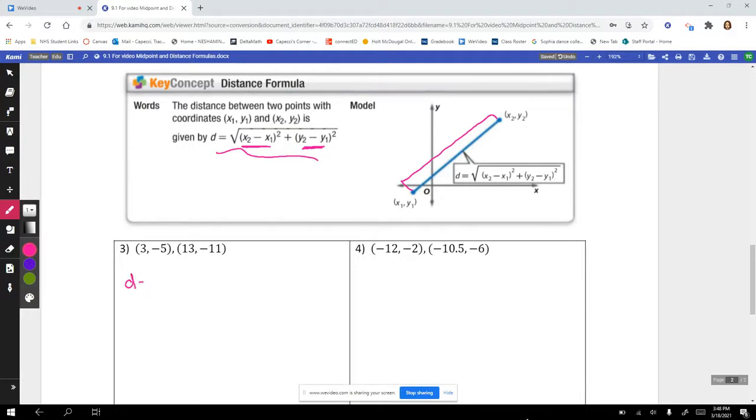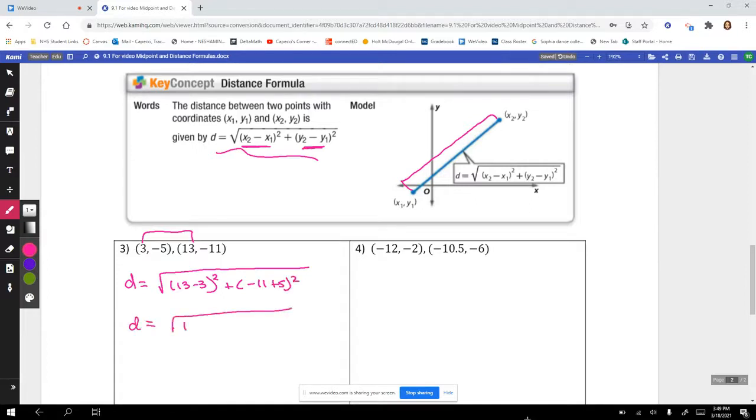So the distance is equal to a big long square root. I have 13 minus 3. It doesn't matter if you go 3 minus 13 or 13 minus 3; you just have to be consistent when you're working with your y values. I'm going to add, and then negative 11 minus the negative 5 gives me plus 5, and I'm going to square it.